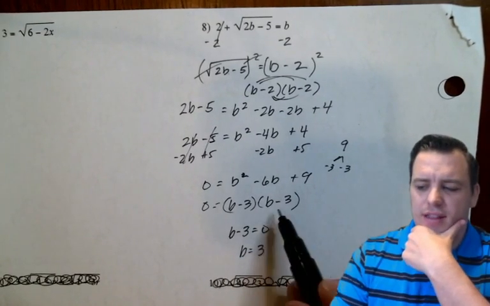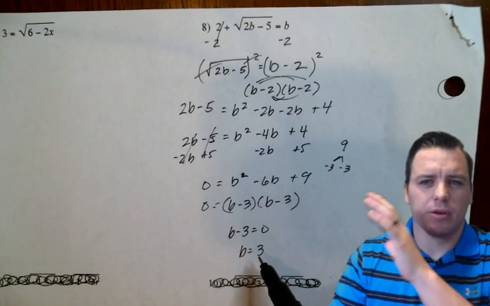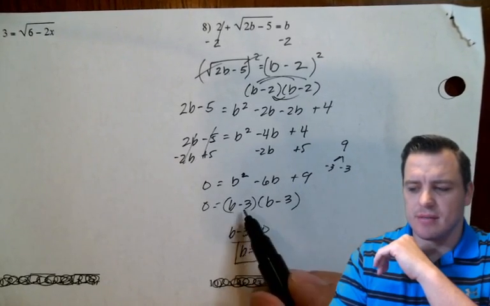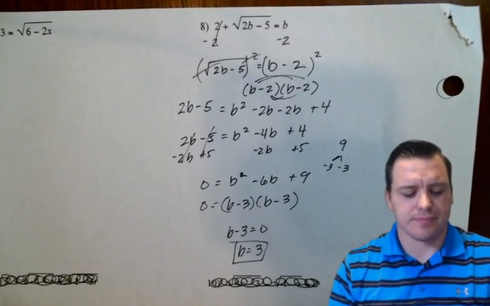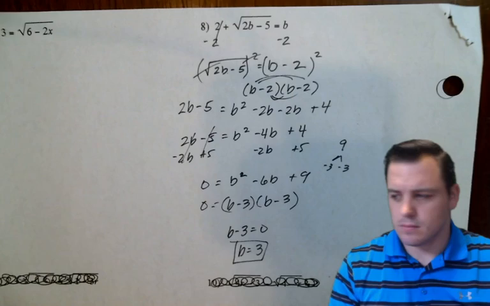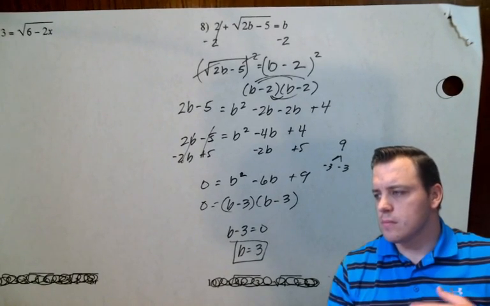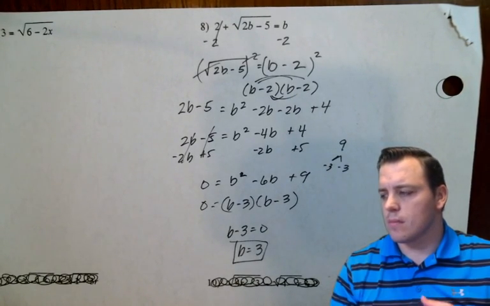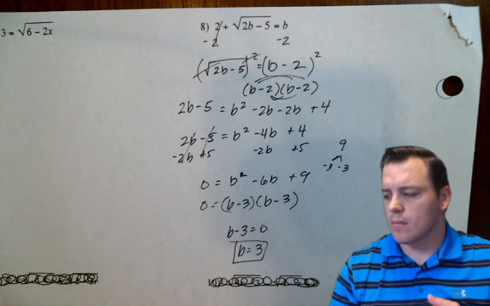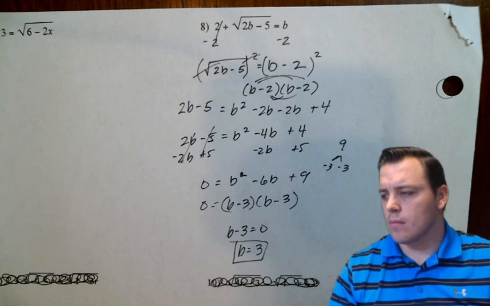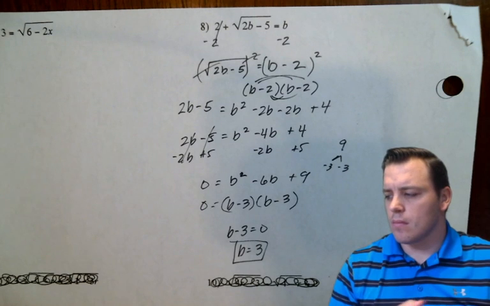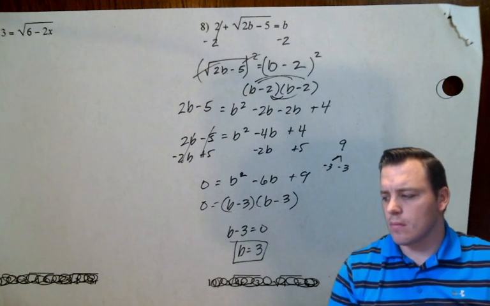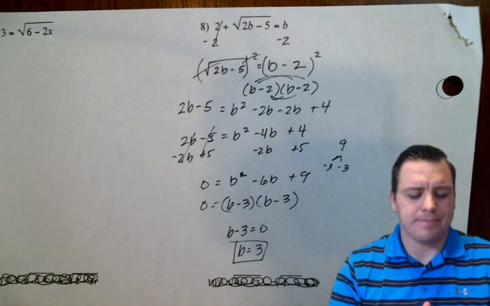Now you don't have to say this is a multiplicity of 2. That's only when we're dealing with graphs. So you wouldn't have to say that's a multiplicity of 2 since there's 2 b's. It's just simply b equals 3. Okay?